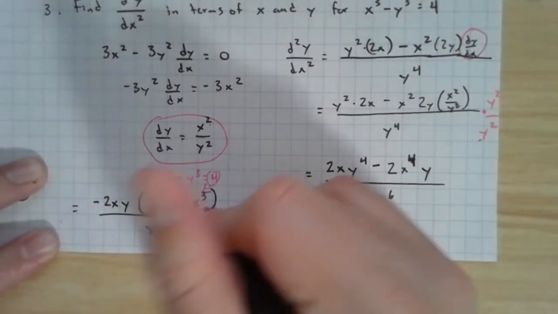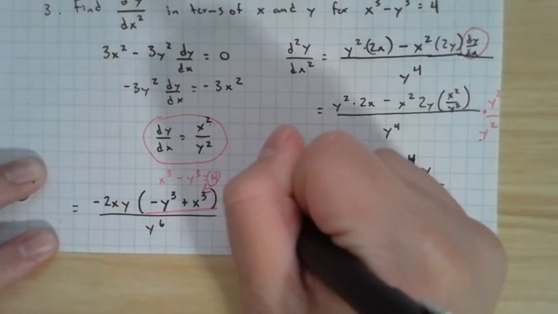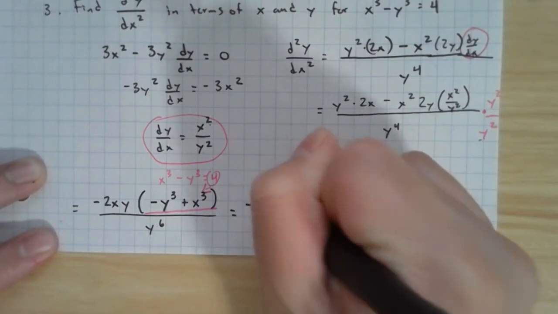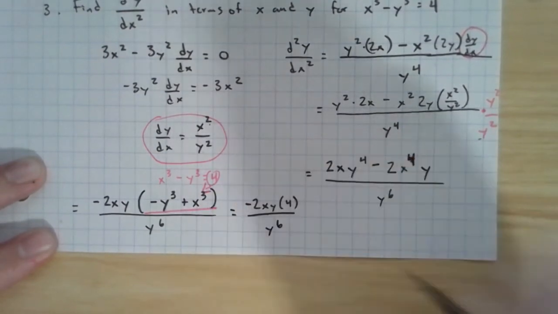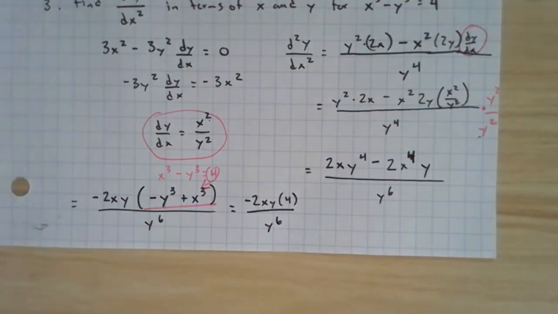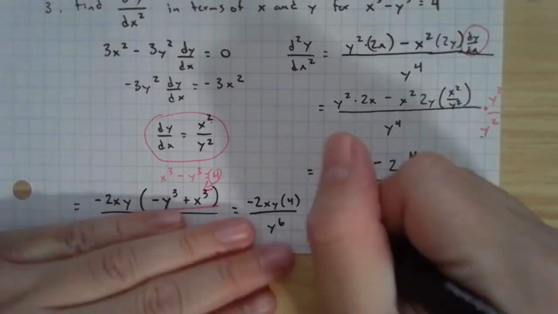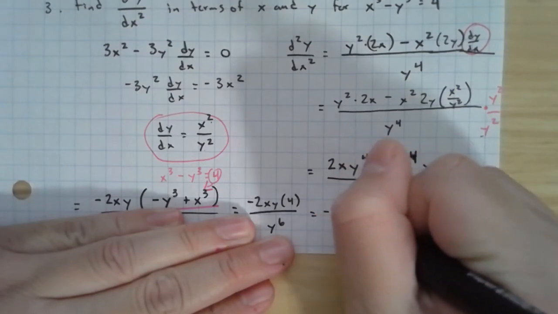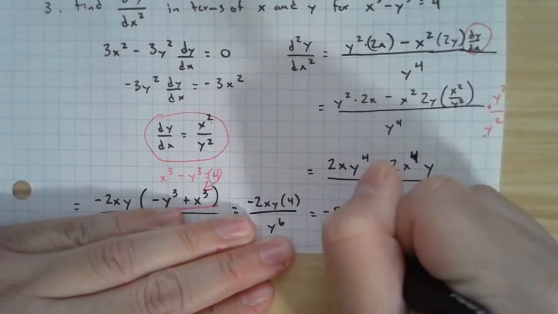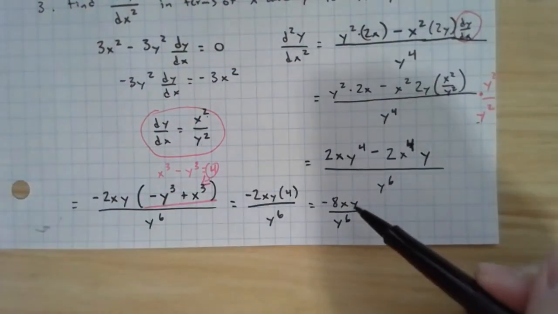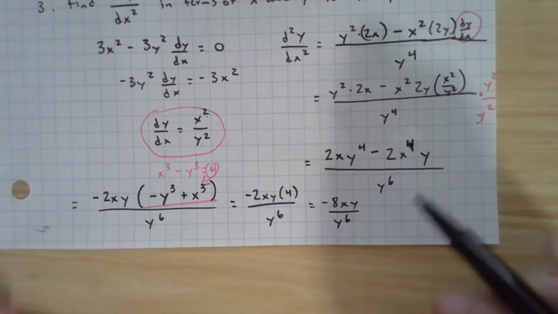So if I sub that into before, negative 2xy times 4 over y to the 6th. So then, negative 8xy over y to the 6th. You got one y on top, one in the bottom.